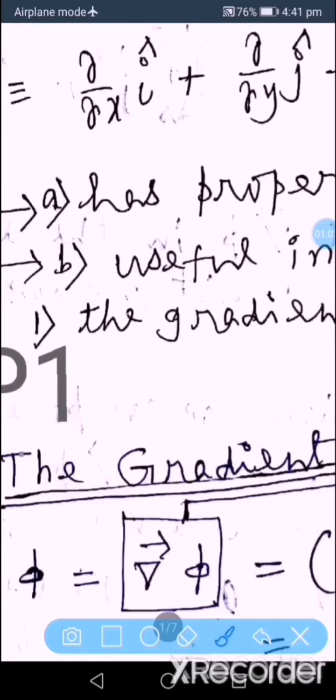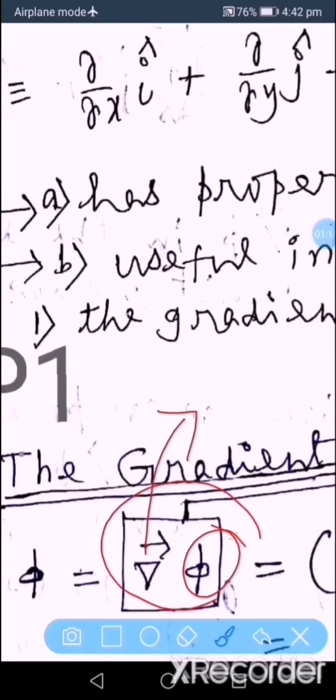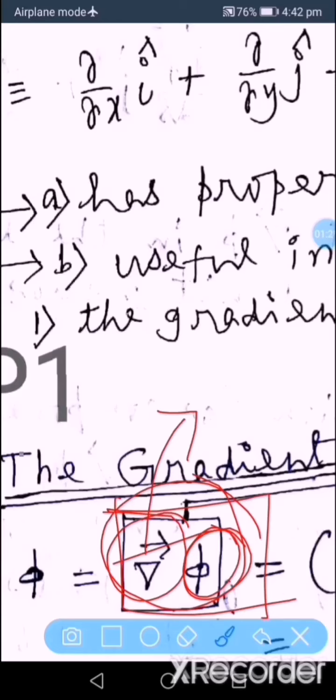Here del is the vector differential operator, and together del phi produces a vector field. So this is a scalar field, this is a vector differential operator, and combining these two, del phi produces a vector field.